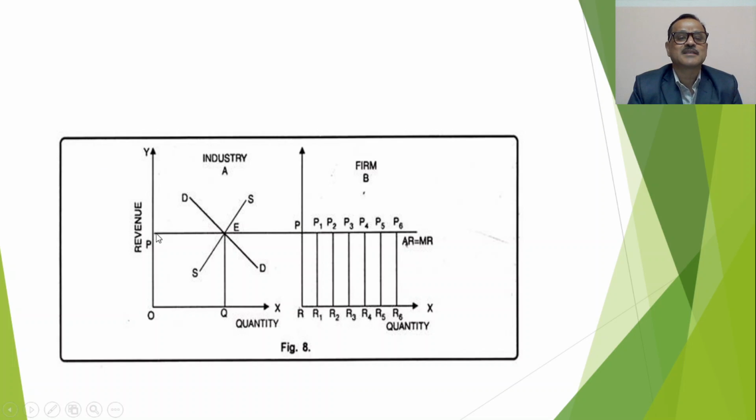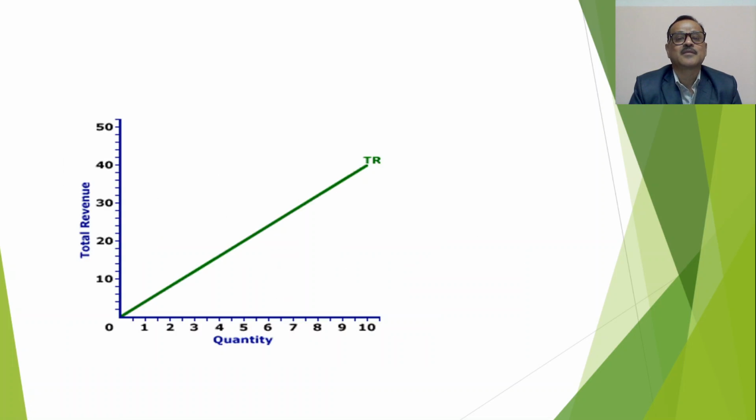At the given price, the firms are compelled to sell the goods as much as possible. So this is the AR-MR curve, and this is the market price in the perfect competition market.